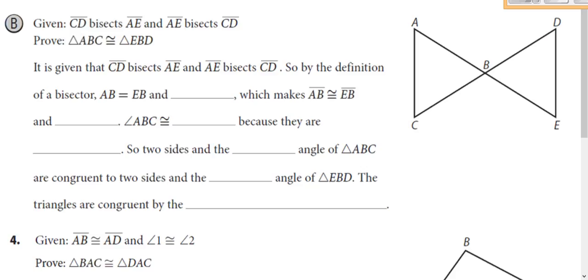We've been doing a lot of work with two-column proofs. This is a paragraph proof. There's just a few blanks that we have to fill in though. So just like a two-column proof, you would start by writing what was given. So it is given that CD bisects AE and AE bisects CD.